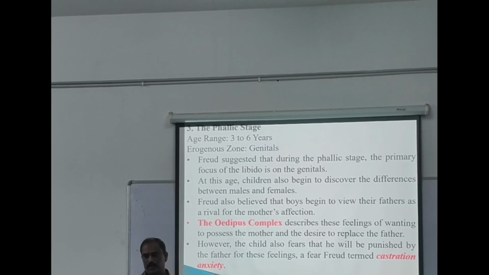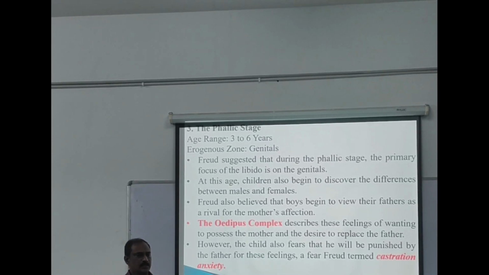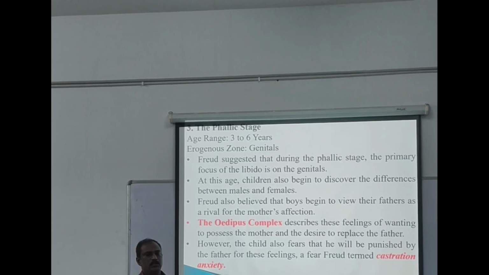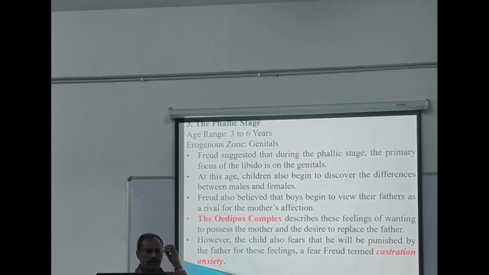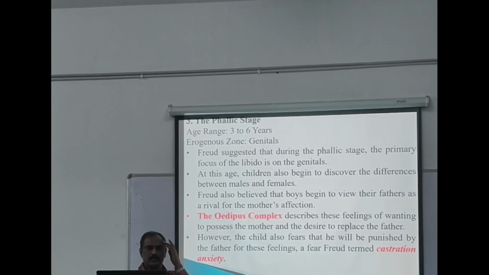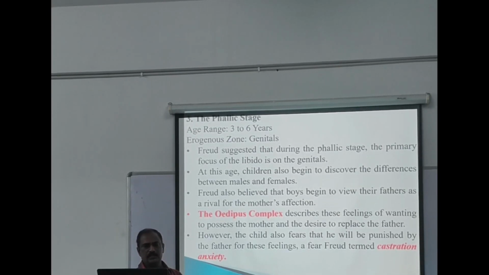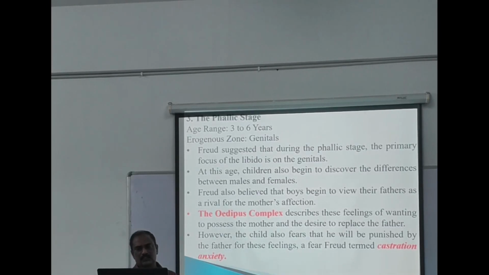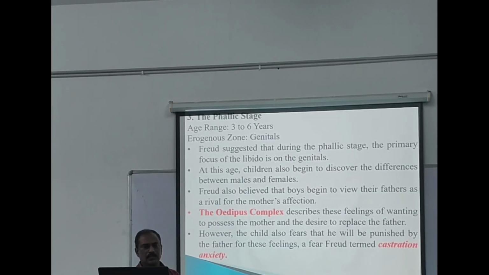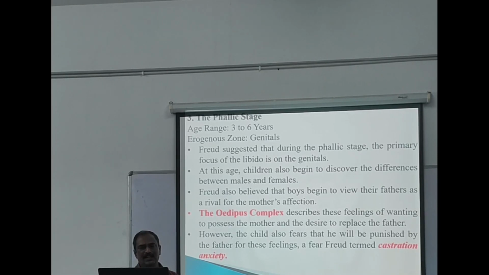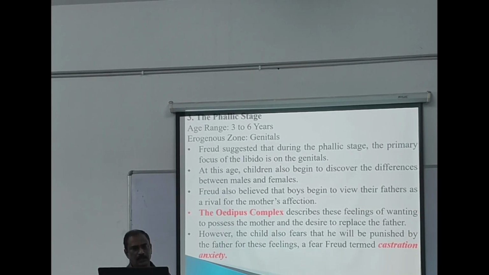And coming to the third stage, the Phallic stage, the age range is 3 to 6 years. The erogenous zone is the genitals. About this stage, Freud suggested that during the Phallic stage, the primary focus of the libido is on the genitals.